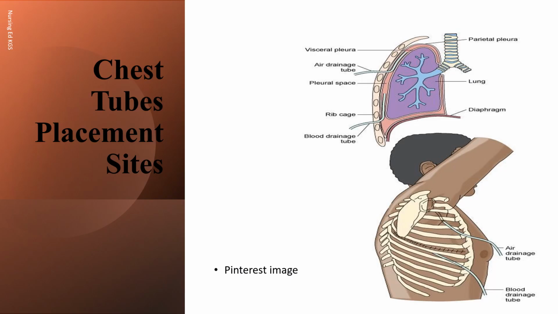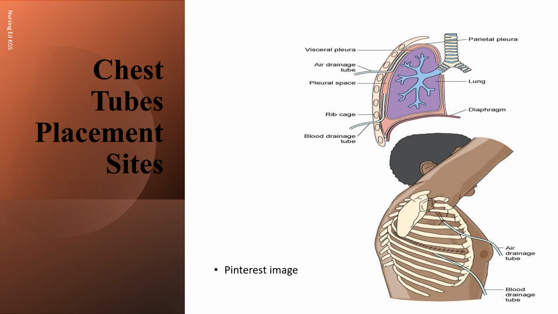The placement site for a chest tube will be based on the medical condition that the patient has, as well as contents that need to be drained from that pleural space. If a patient is having a pneumothorax and there needs to be air removed from the pleural space, the chest tube is placed higher within the thoracic cavity because air rises.